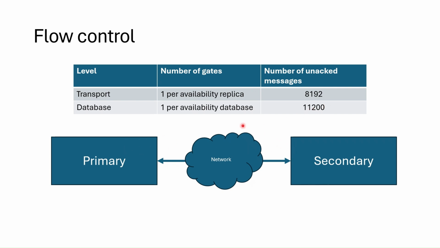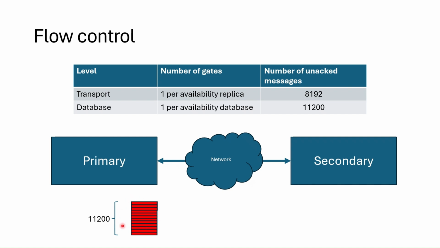For example, the primary is sending transaction log messages to the secondary replica. If this secondary replica does not acknowledge 11,200 messages for a specific database, the primary stops sending transaction logs for this database until the secondary acknowledges and this number goes below the threshold.